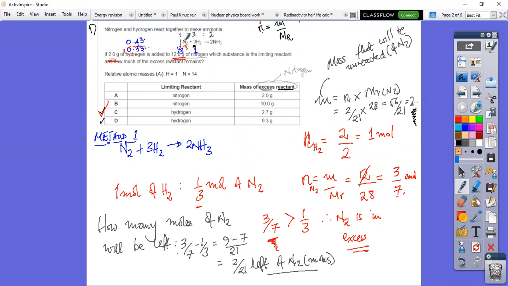You're subtracting this 1/3 from 3/7, because this is the amount of nitrogen that will react in moles. These are the number of moles we actually have in 12 grams of hydrogen. You're following? I thought that we're supposed to take away the limiting reactant from.